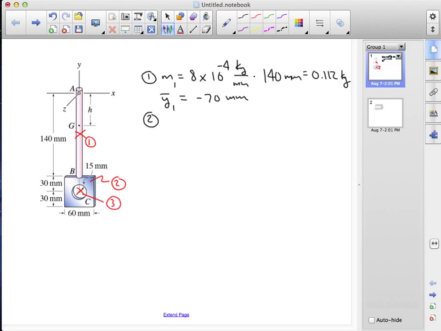For the square plate, its mass is its areal density 3 times 10 to the minus 5th kilograms per millimeter squared, and it's 60 millimeters on a side.